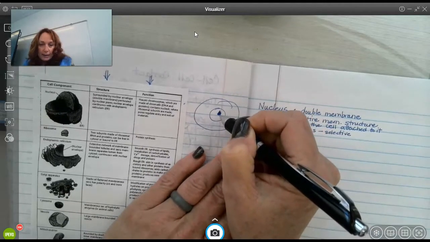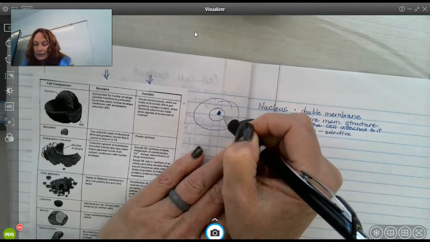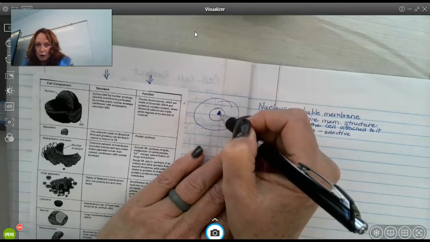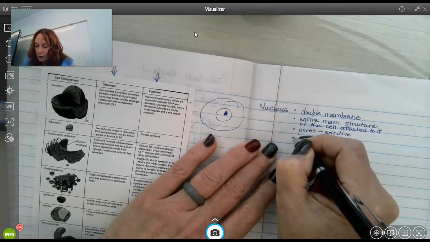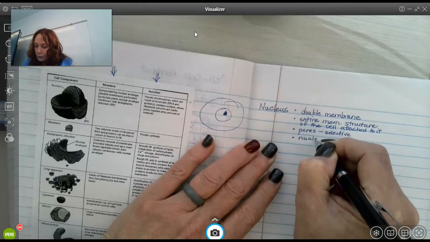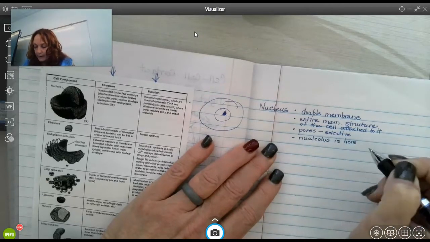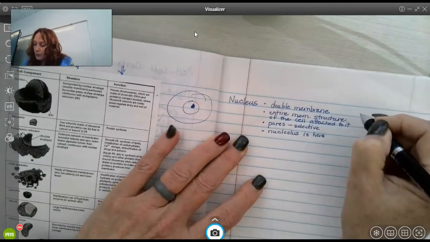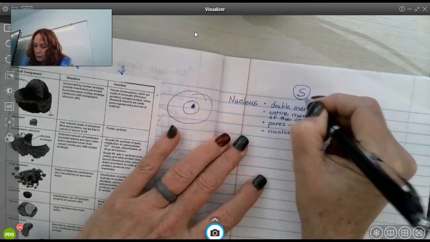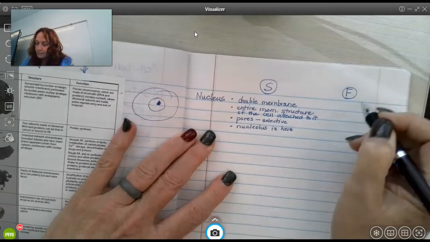Well, nobody knows what that does. But that's the nucleolus, and it has a function. So it's really got a structure, and I'm going to put it right here. Nucleolus is here in the nucleus. So this is structure, this is function.